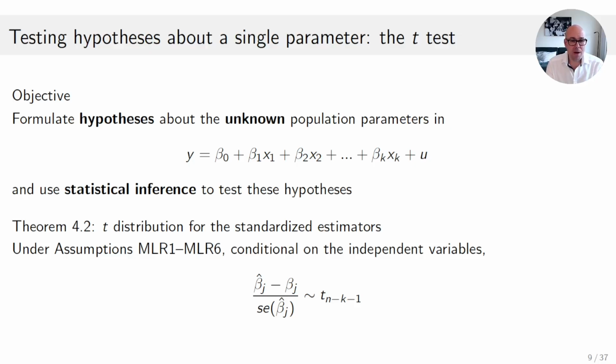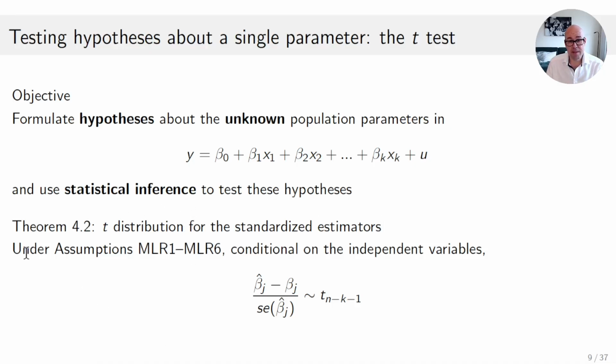Okay, so theorem 4.2 follows almost immediately upon theorem 4.1, which established the normality of the betas, and theorem 4.2 says that the standardized estimators are going to have a t-distribution.